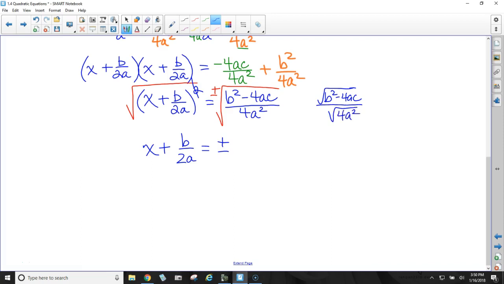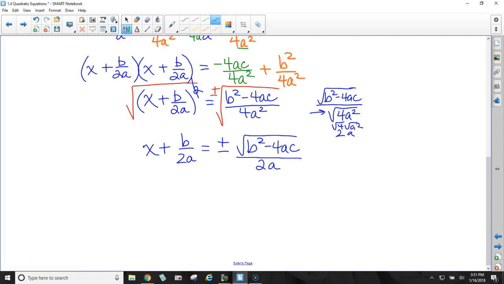Now, that numerator, the square root of b squared minus 4ac, does not simplify. That is as good as you can get. Now the denominator, the square root of 4a squared, is the square root of 4 times the square root of a squared. And so we get 2a.